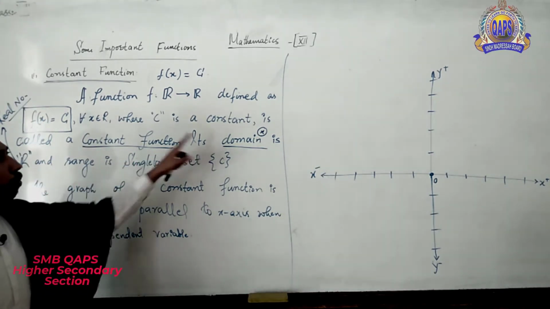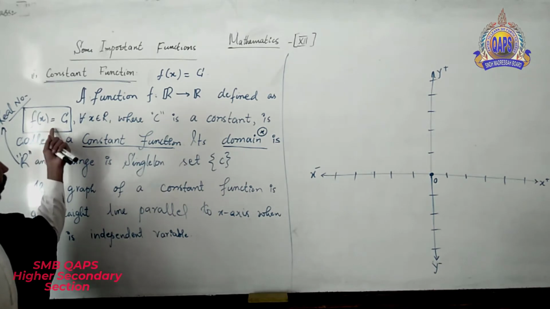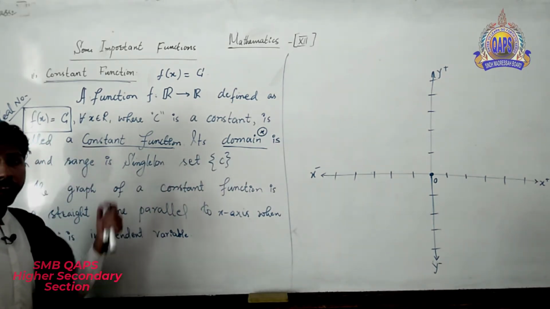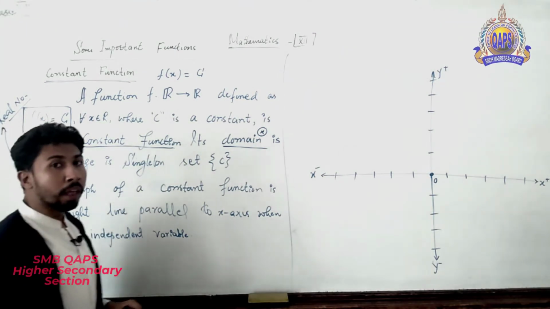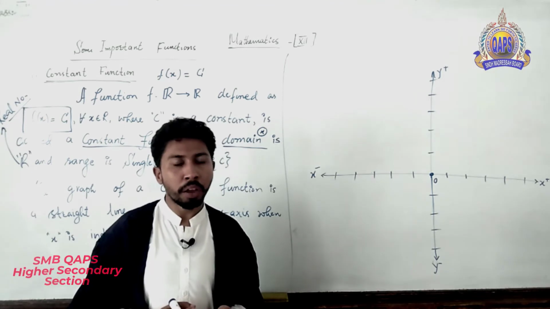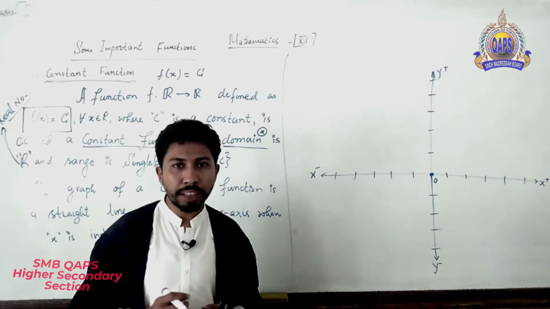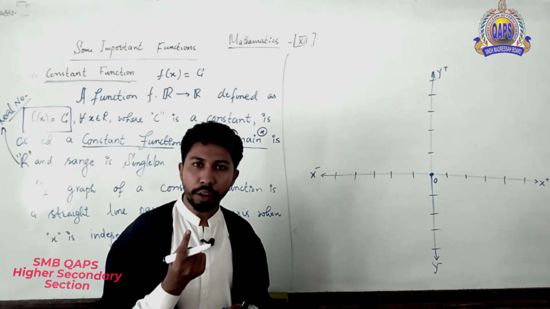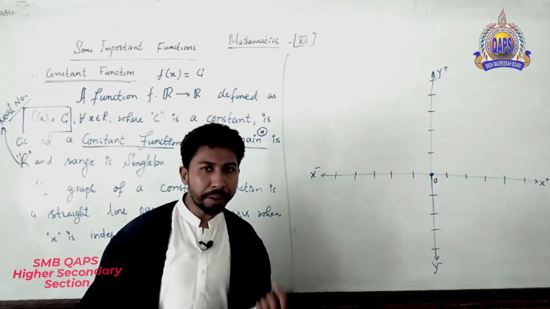When we put the domain x in this function, its range or outcome is a singleton set. Singleton set means if we give any input to the function, the result is only one particular number.